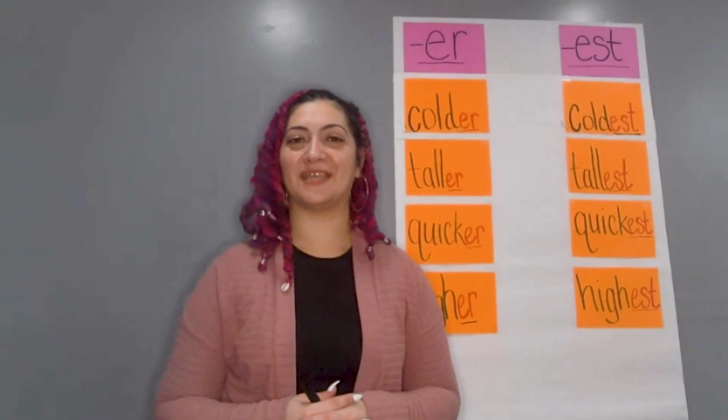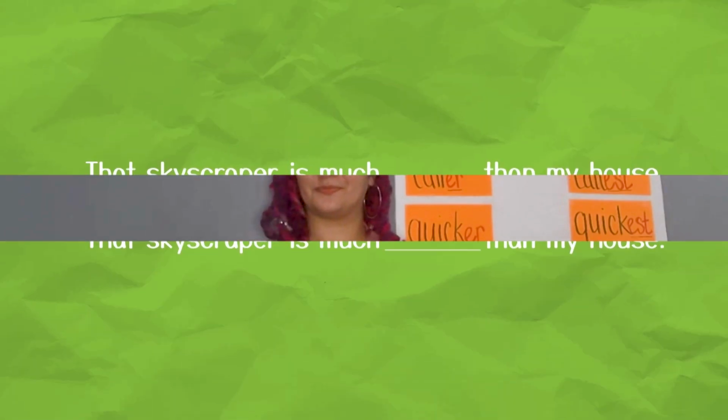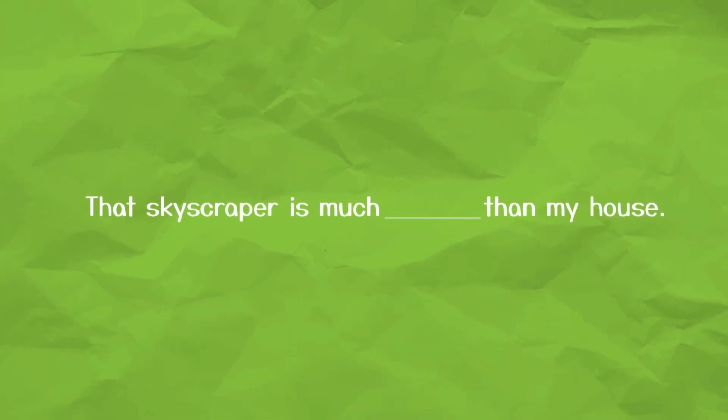All right, let's read our second sentence. That skyscraper is much blank than my house. Which one of those words do you think fits? You're right, a skyscraper is pretty tall. It's a really tall building.